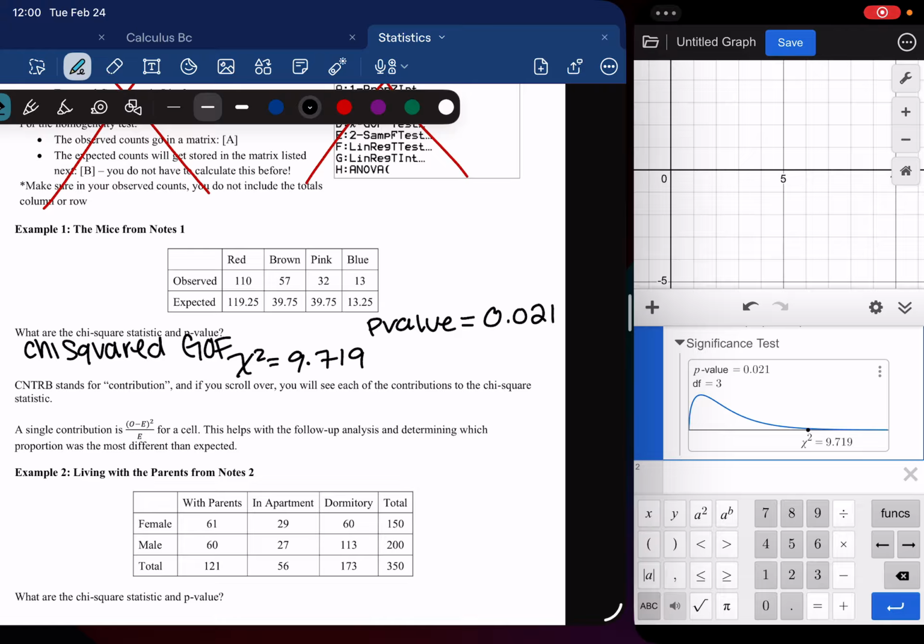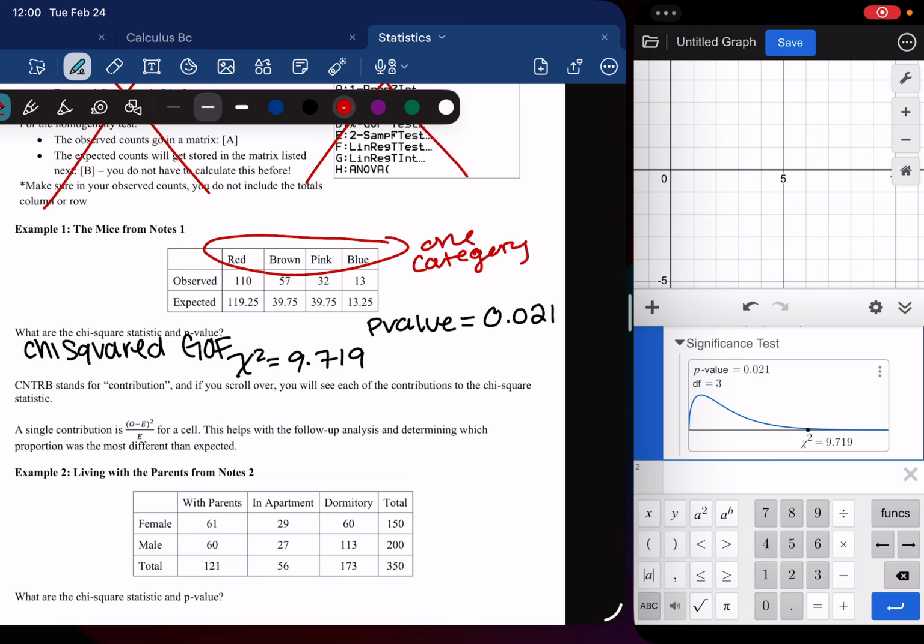Again, since we only had one category, and that was eye color, and we're given observed and expected, that's how I knew it was chi-squared goodness of fit.